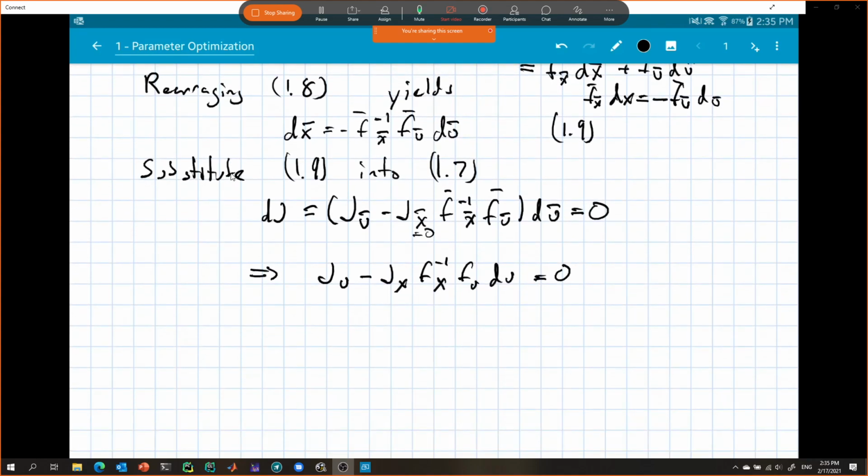So this gives us right here, and you can tell because this is a scalar with a differential of something of n values.